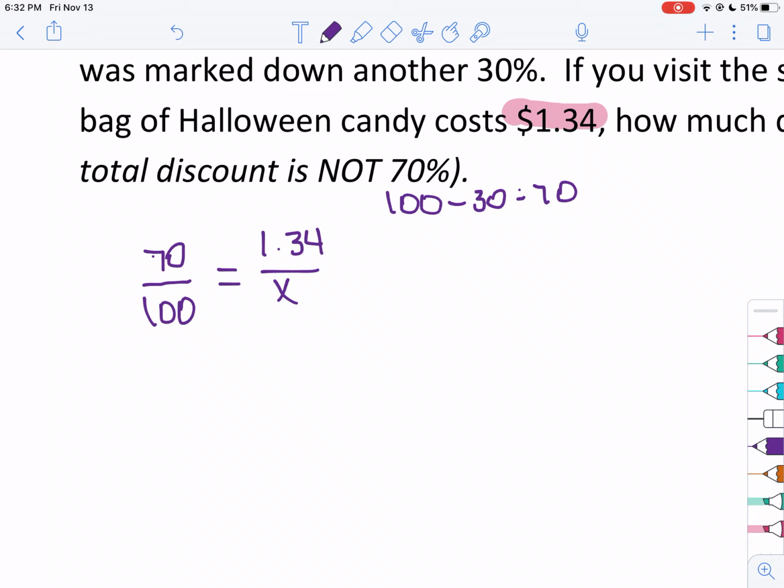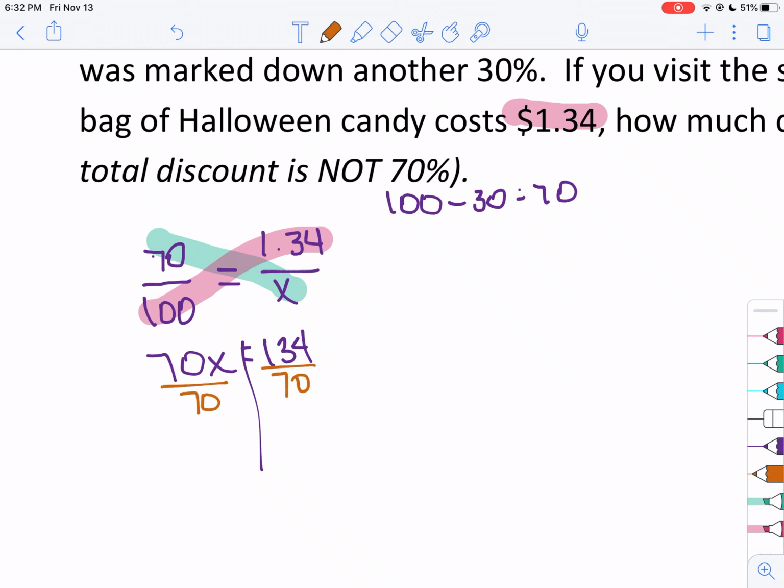Okay, now we have a proportion. 70 times x gives us 70x. 100 times $1.34 gives us 134. Whoops, that was not the right place. Divide both sides by 70.